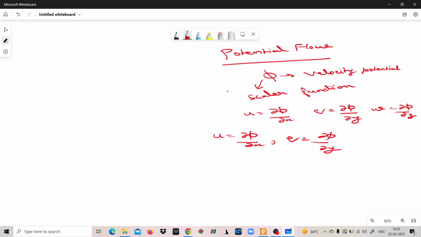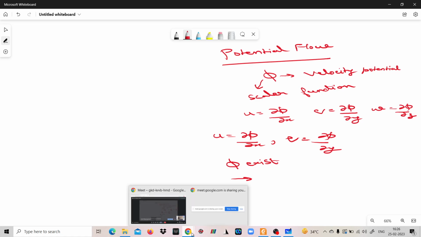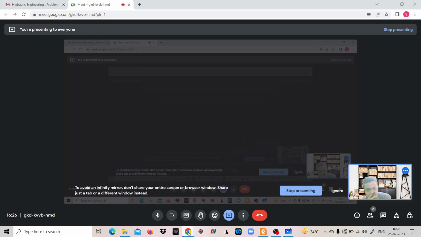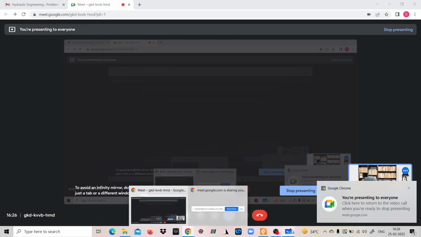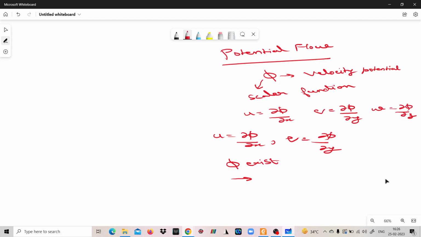We have discussed some properties of phi. If the value of phi exists, then what can you infer about the type of flow? If phi exists, then we can straightaway say that the flow is irrotational. How?